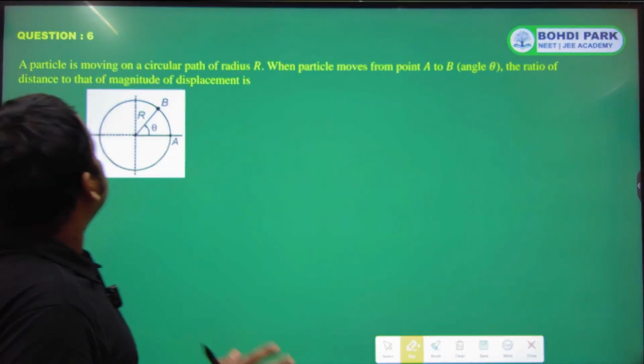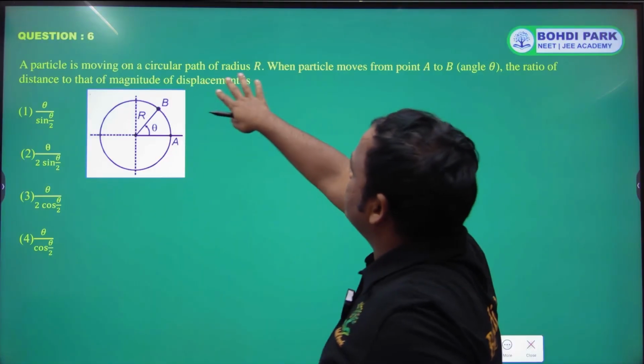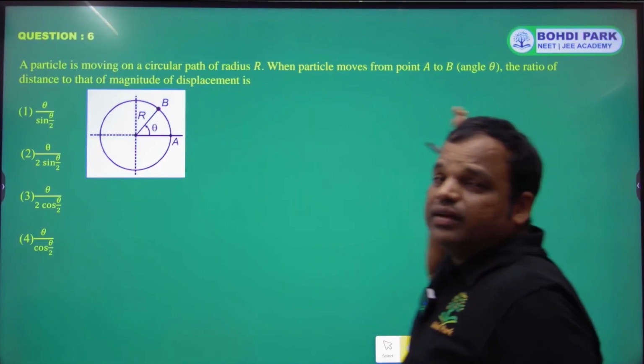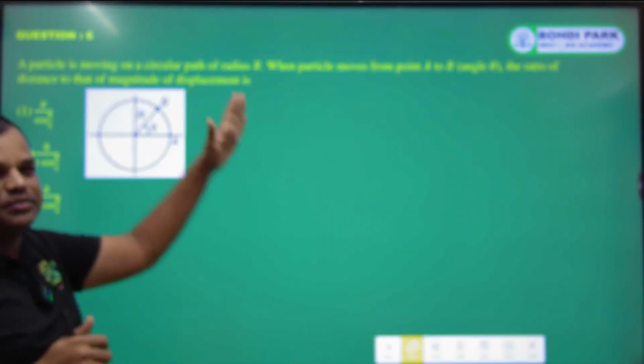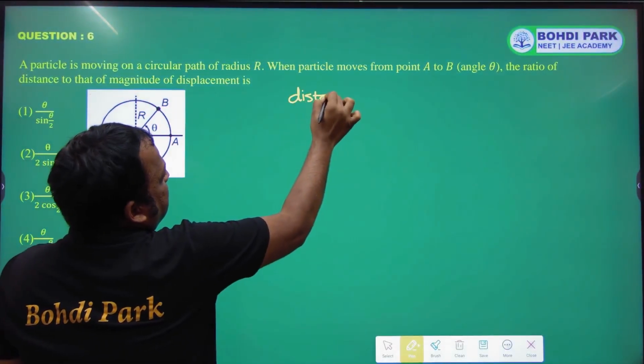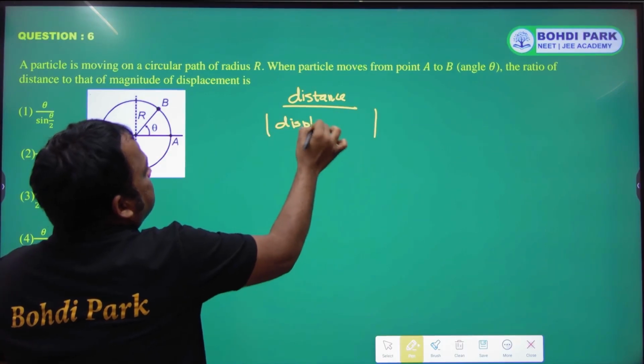Now look at the sixth question. A particle moving on a circle radius r, when particle moves from A to B, the angle covered is theta. The ratio of distance to that of magnitude of displacement. Okay, so we have to find distance by magnitude of displacement.